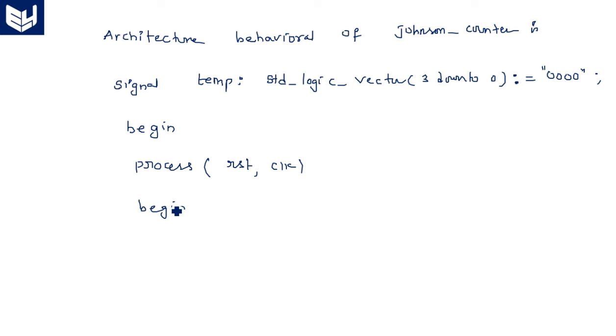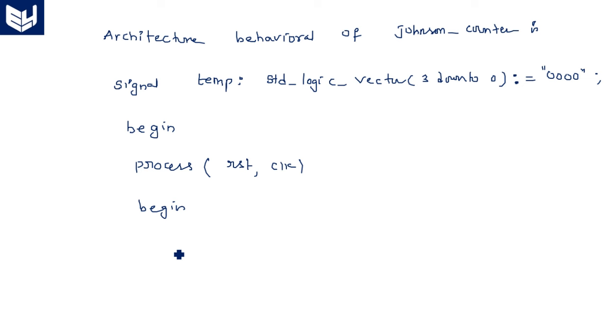Conditional statements like when-else and with-select come under data flow modeling. The structural model is where we directly write the structure: how many times gates are used, how many times a particular module has been used, that many times we instantiate the structure.